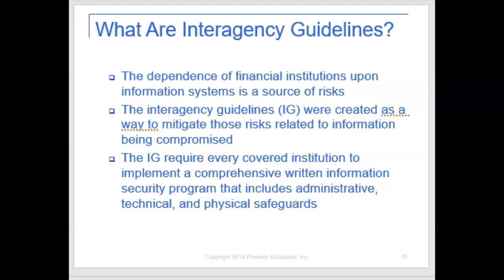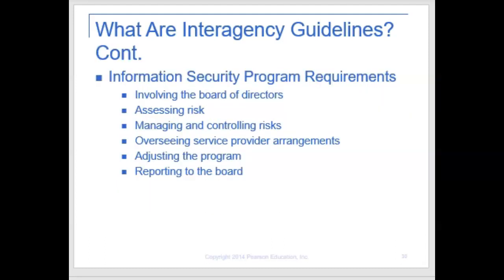We want to involve the board of directors, assess risk, control risk, oversee the arrangements, and adjust the program as necessary. None of that is foreign. It sounds just like disaster recovery and the business continuity plan, really, from the previous chapter. And so we want to make sure our security programs involve all of these activities that I just mentioned.